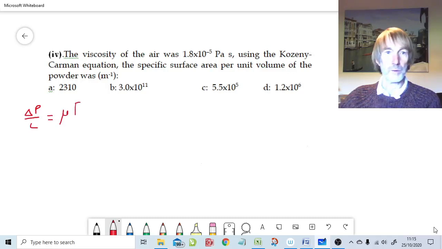I'll put the equivalent for what permeability is all inside the brackets here, and what we have is 1 minus the voidage squared, specific surface area per unit volume squared, and then we have the voidage cubed underneath.